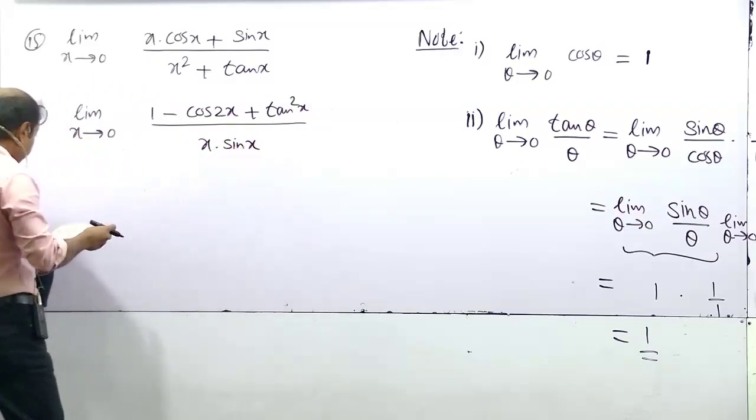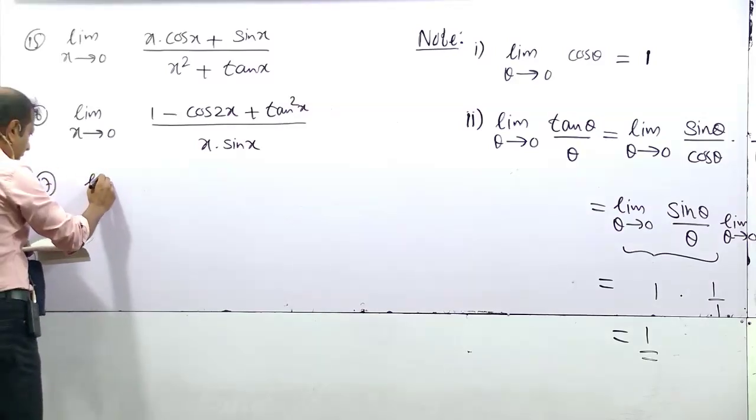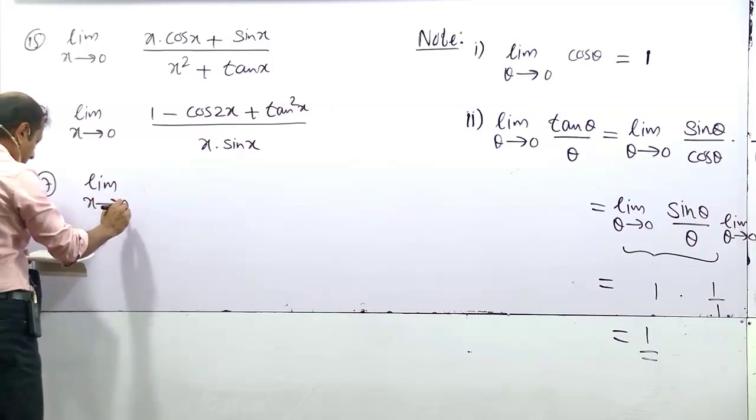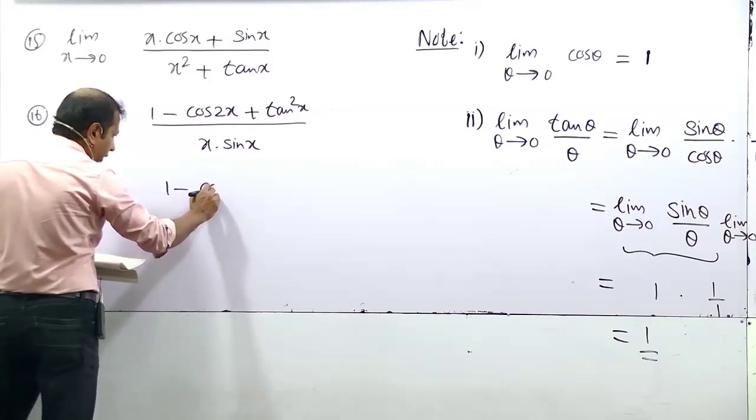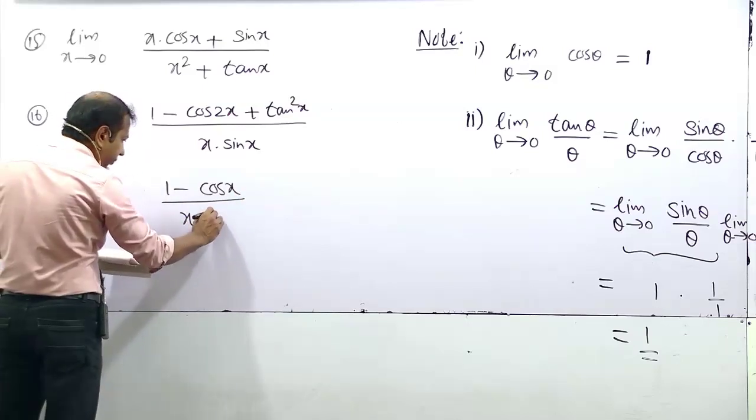Number 17. Limit x tends to 0, 1 minus cos 6x over x sin x.